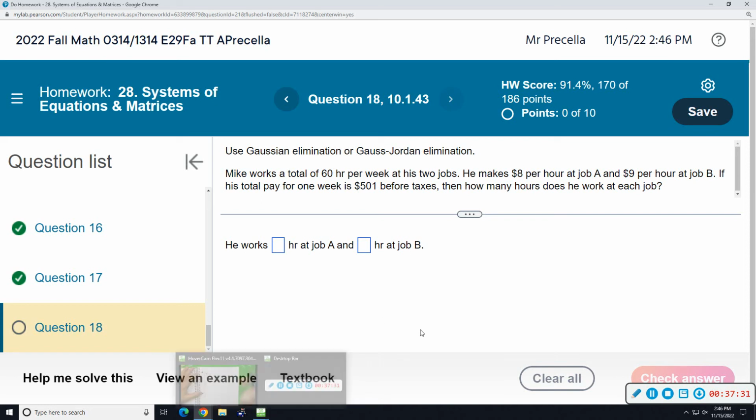So let's see. Mike is working at 2 jobs. How many hours does he work at each job? That last question there, that's telling you what you're looking for. The way they have that sentence, he works blank hours at job A and blank hours at job B, that's got to be the unknowns. So switch to my paper, Tony.